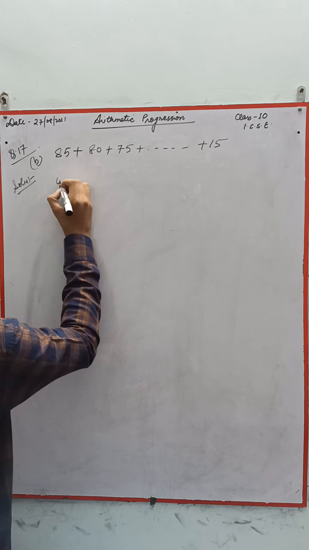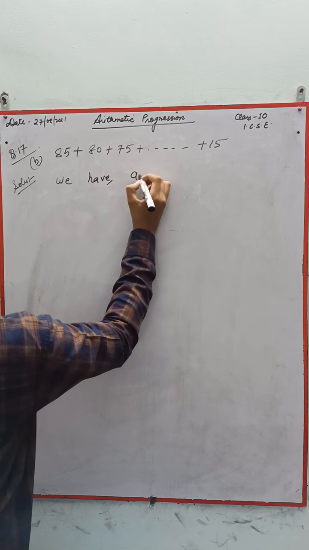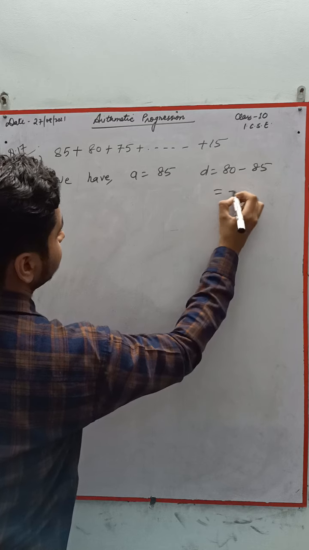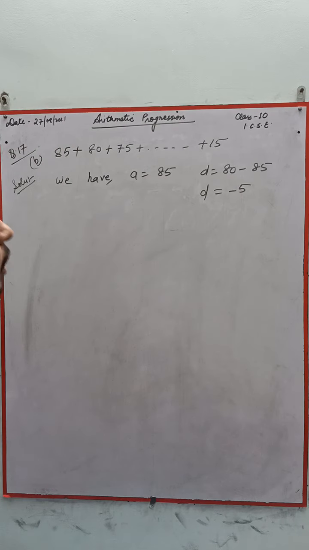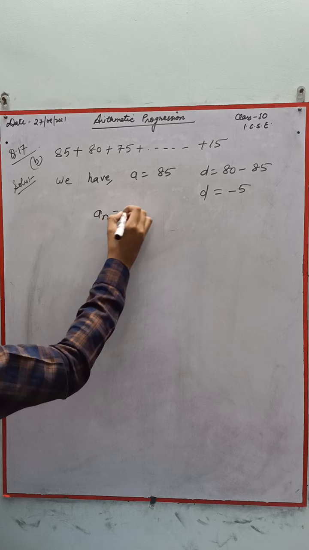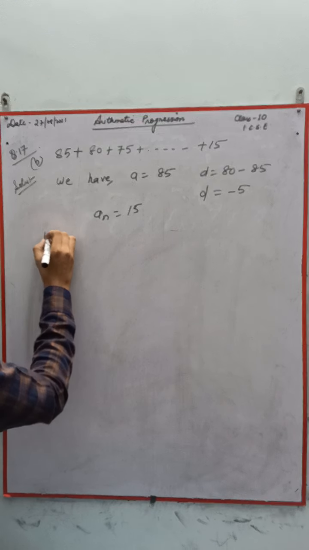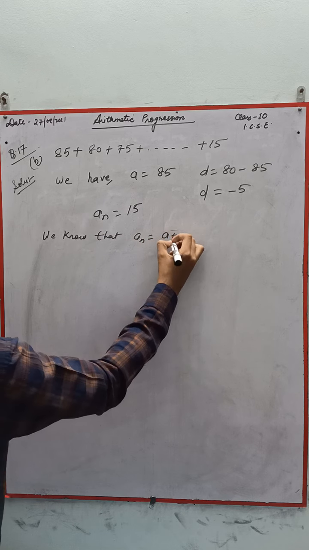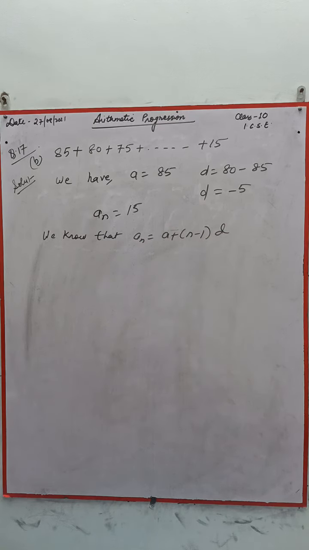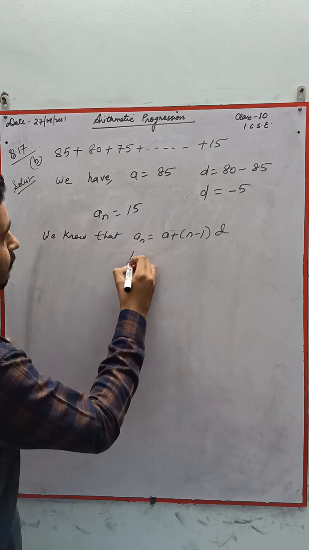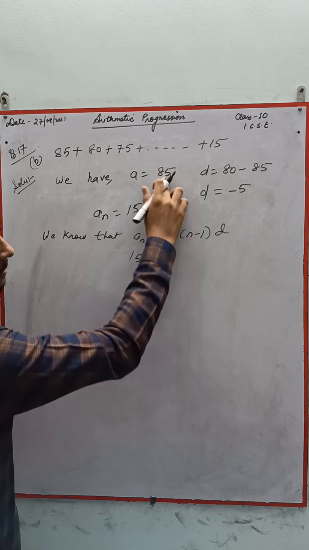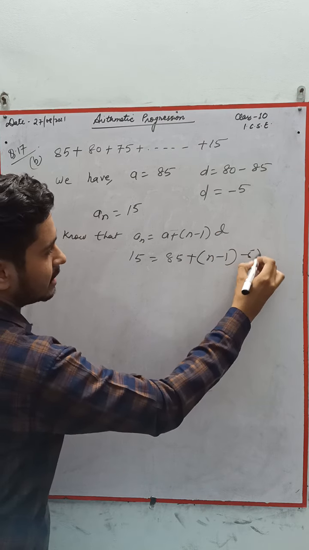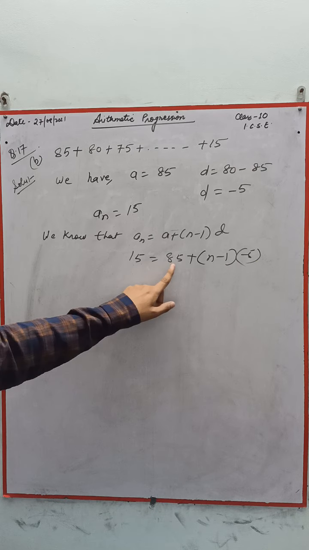So for that we have a as 85, d as 80 minus 85, which is minus 5, and an as 15. So we know that an is equal to a plus n minus 1 into d. So in place of an we can put 15, in place of a we can put 85, n we don't know, and d is minus 5.